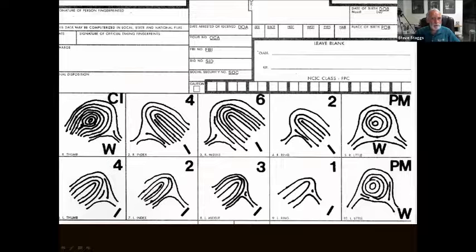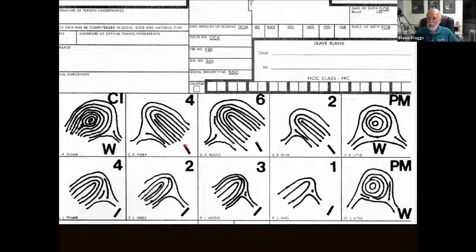So here we go. If we look at this card a little more closely, 2, 3, and 4 are ulnar loops, because they have that left slope on the right hand.